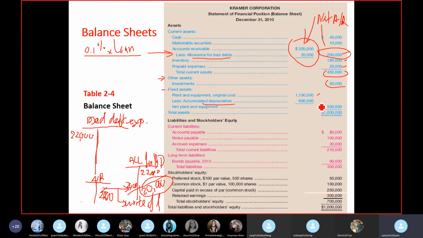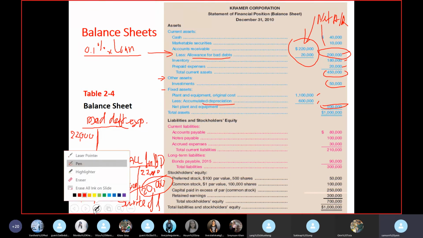Total is 600,000, and this cost minus depreciation is the less cost. Or we can say net plant and equipment. Total are 500,000.